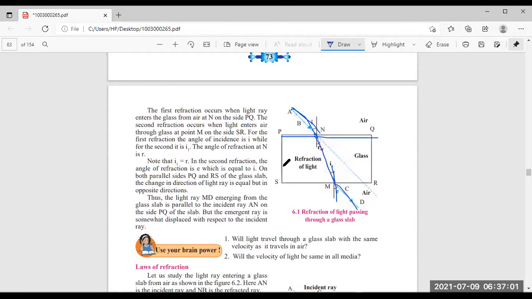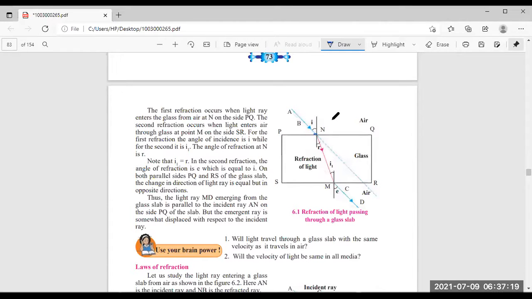For the first refraction, the angle of incidence is I. First is the angle I here, and second, you see, the angle of incidence here and the angle of refraction. When we measure this, I and R we will get both the same.